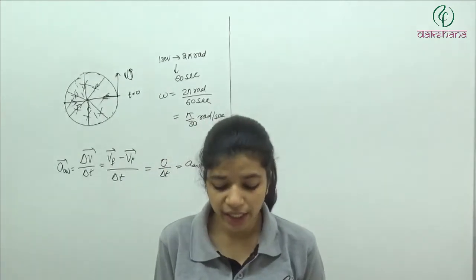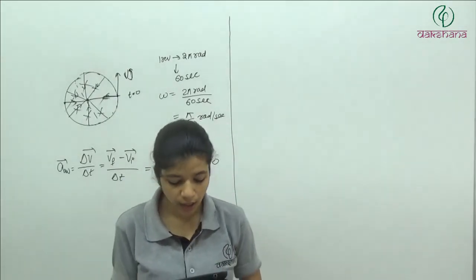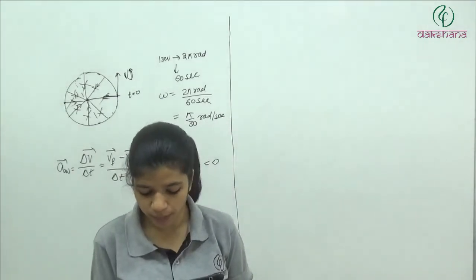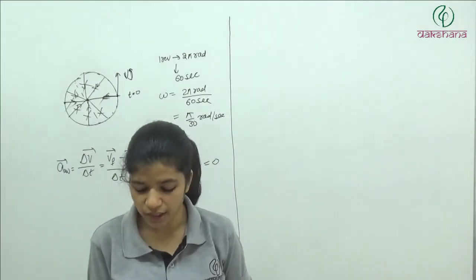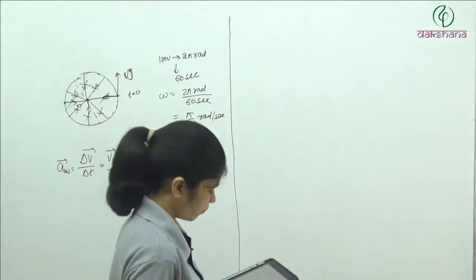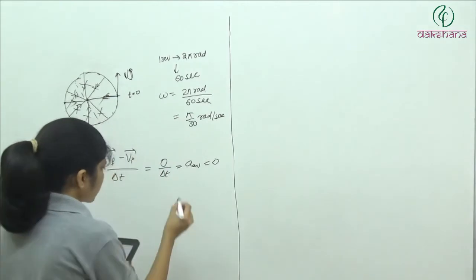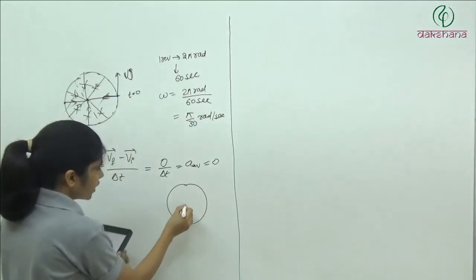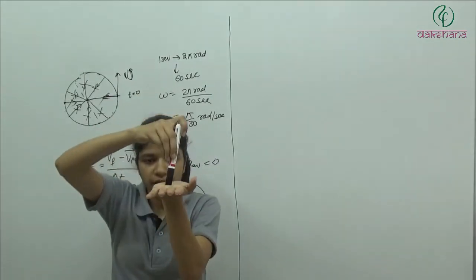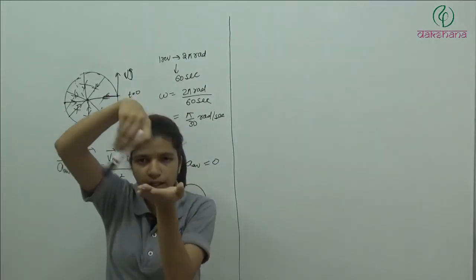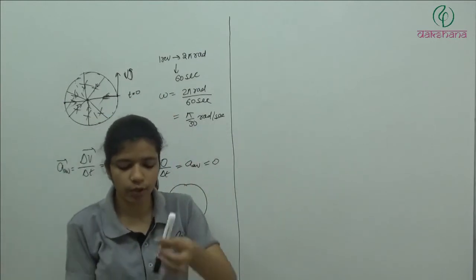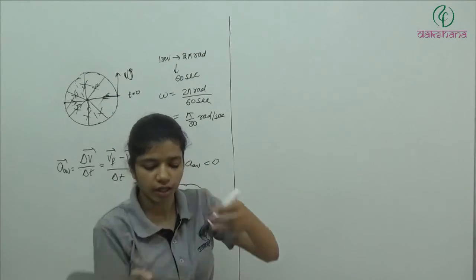Section B, radial and tangential acceleration. B1. Two particles P and Q are located at distances Rp and Rq respectively from the axis of a rotating disc such that Rp is greater than Rq. So here we have a rotating disc. Let's say it is rotating about this axis. It is a plate, and it is rotating about the axis in one direction, like this. Clear?